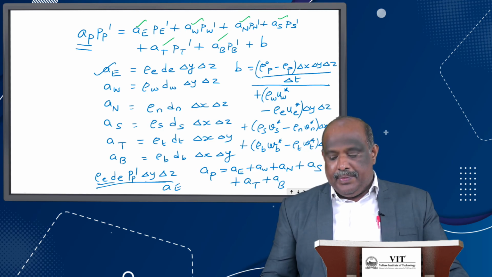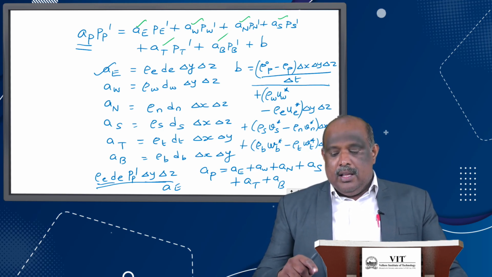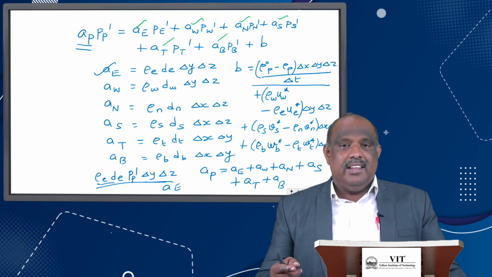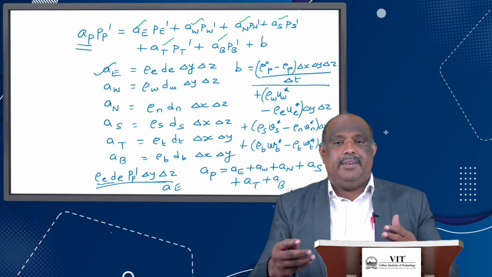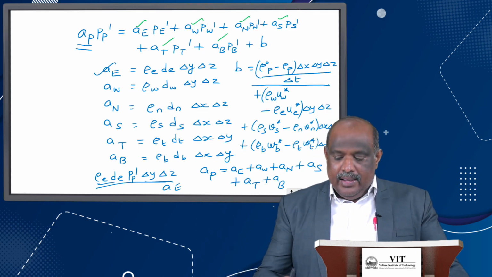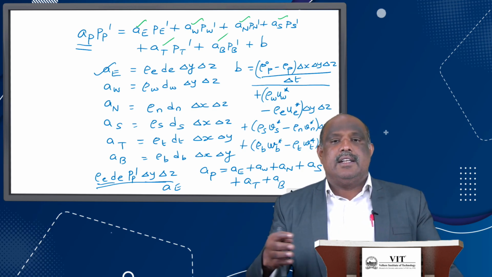Here you can see rho UW into delta Y delta Z is nothing but rho U A, or rho A V. This is the flow rate along the x direction, or I can say this term indicates the net amount of mass flow rate along the x direction, in and out.